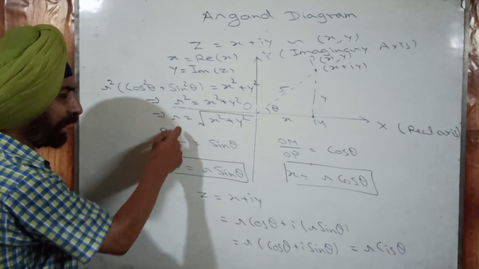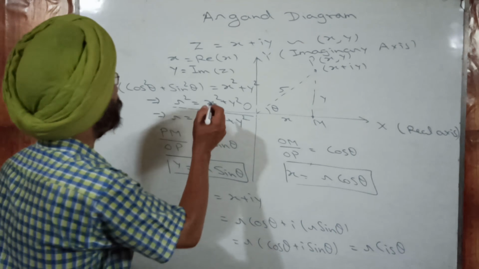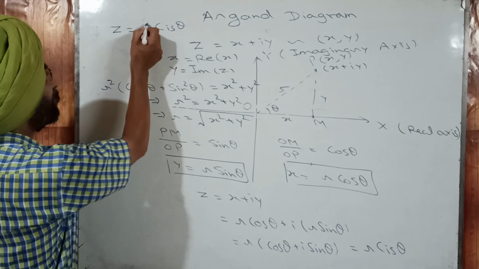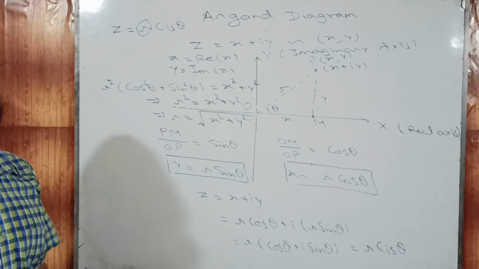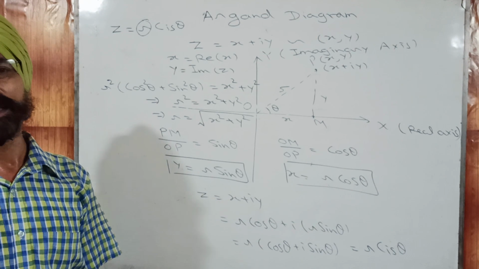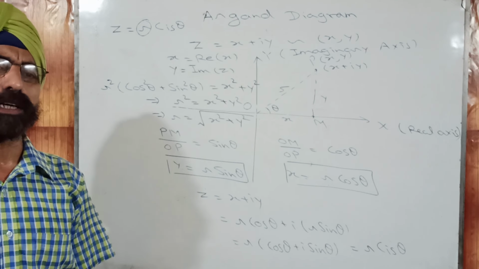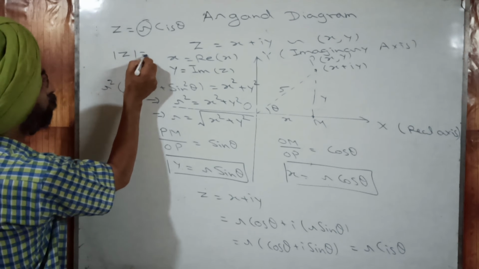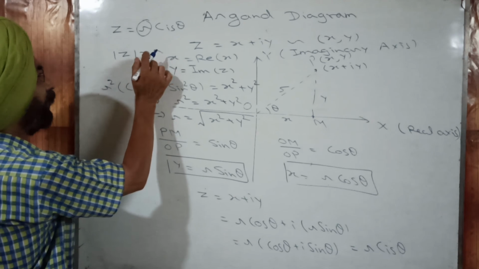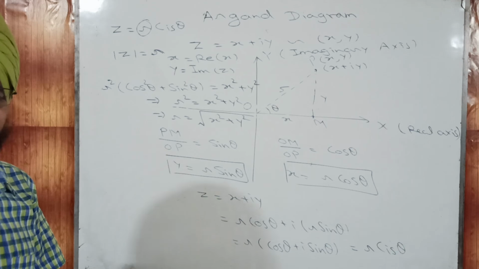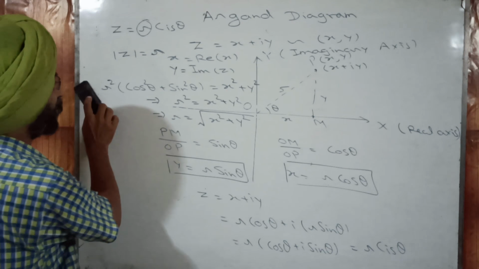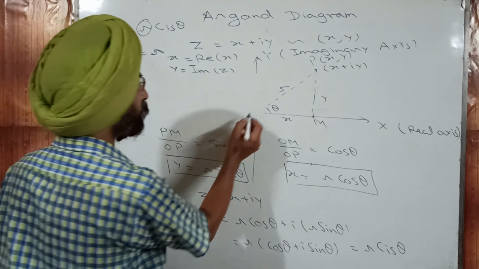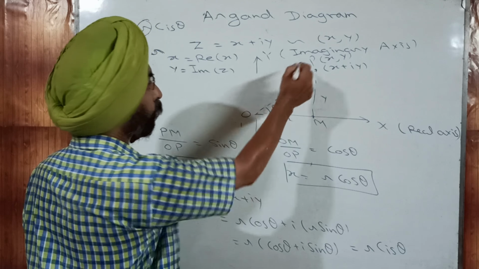And this r in the polar form, when you write the number z as r cis theta, is called the modulus of the number z and is usually denoted by mod z. So what is this r? This r is your mod z. And what is your theta? So once again, look into this triangle OMP.